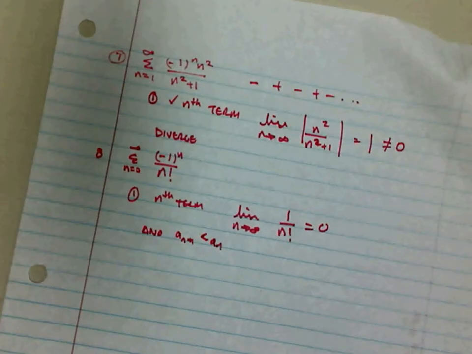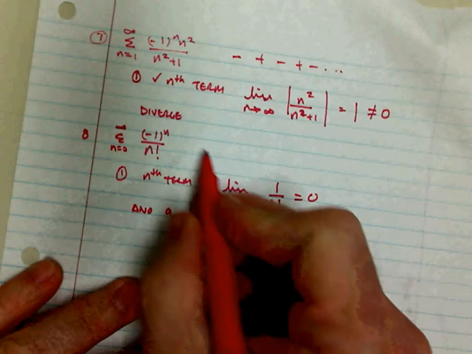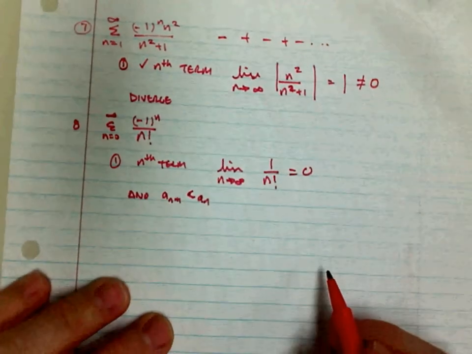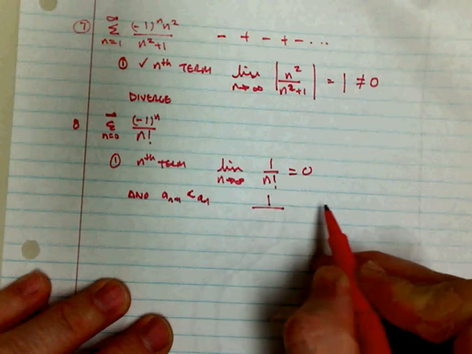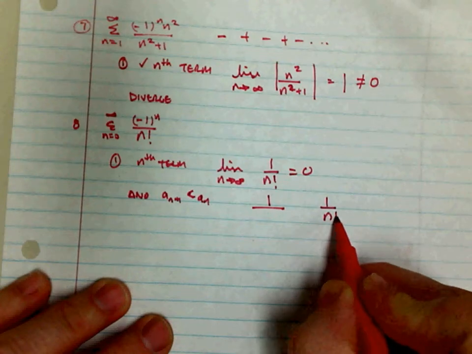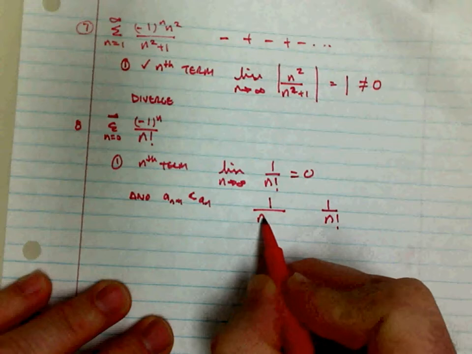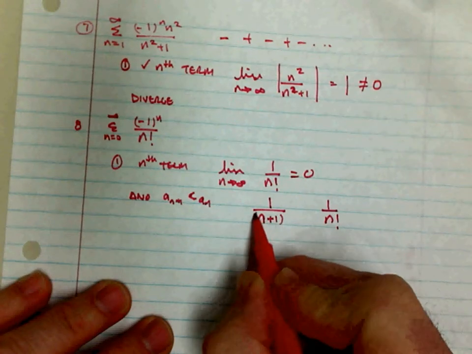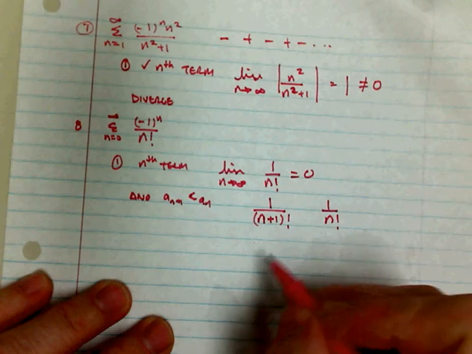So let's think about what's happening here. In this series, let me write it this way, each term, or nth term, is going to be n factorial. The next term is going to be the quantity of n plus 1 factorial. Is that less than each one?